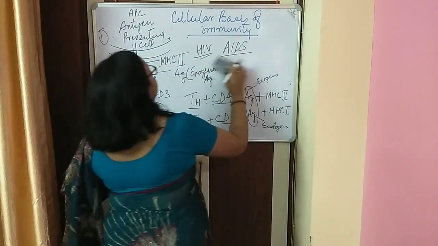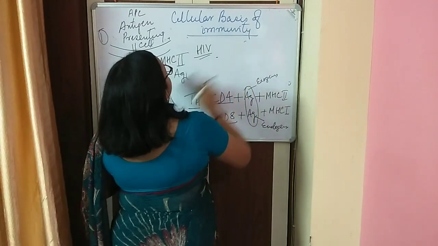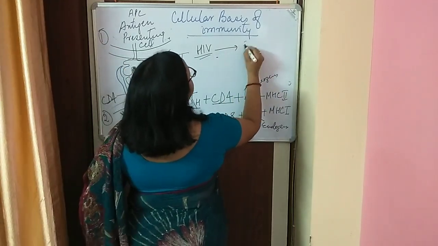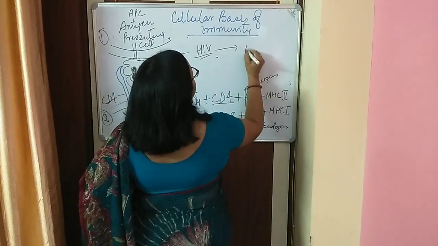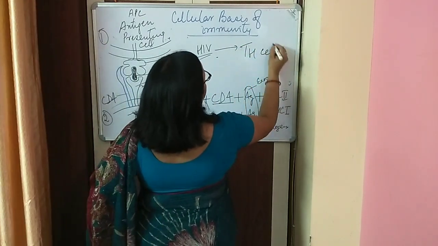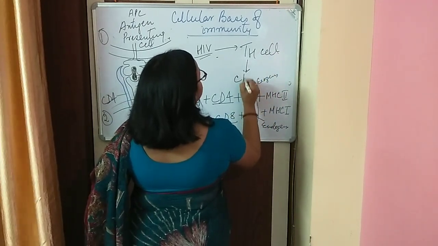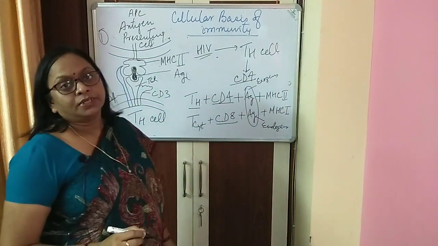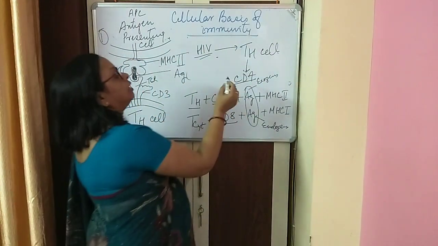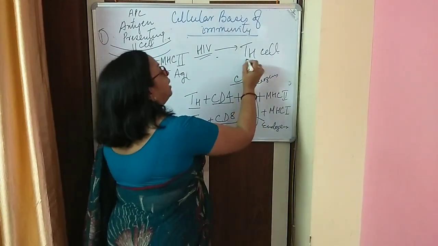HIV virus targets only T helper cells, and their target is CD4. They enter through CD4 receptors. So CD4 receptors are the main target for the HIV virus, and the T helper cell.